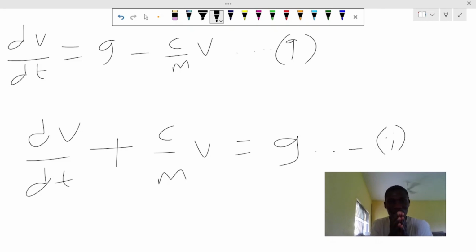From this equation, you can solve this differential equation using the method of integrating factor.